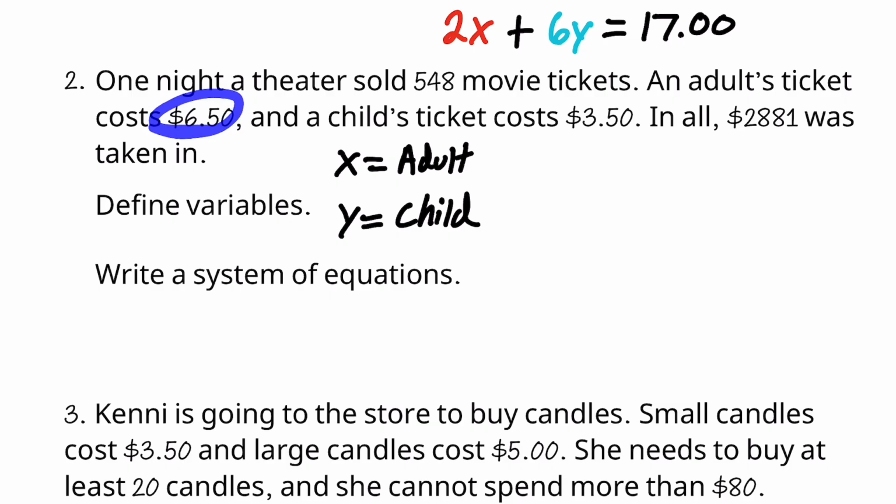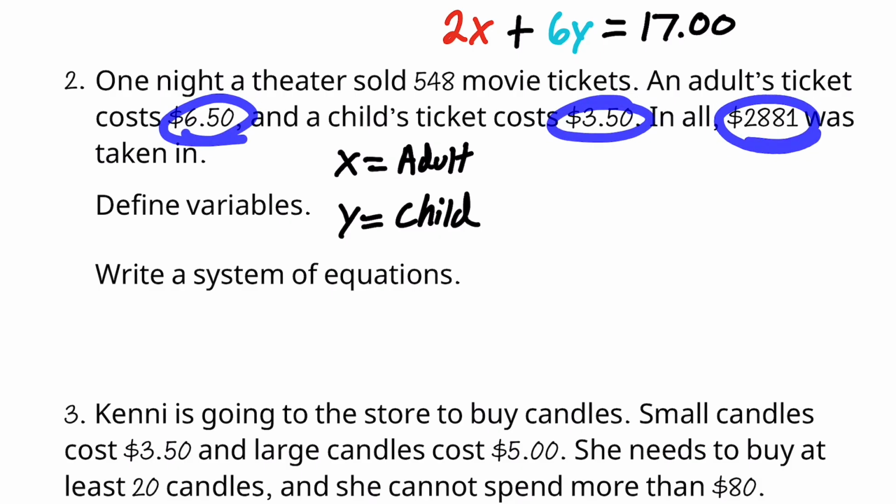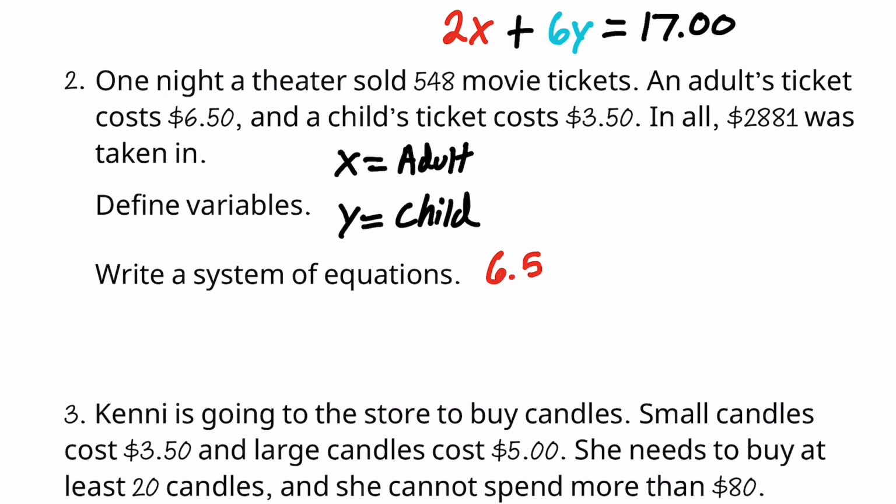So adults cost $6.50, child tickets cost $3.50, and if we take the dollar amounts, how many dollars there should be total is $2,881. So that's going to look a little like this. $6.50 for an adult plus $3.50 for a child is going to be equaling how much money total? $2,881.